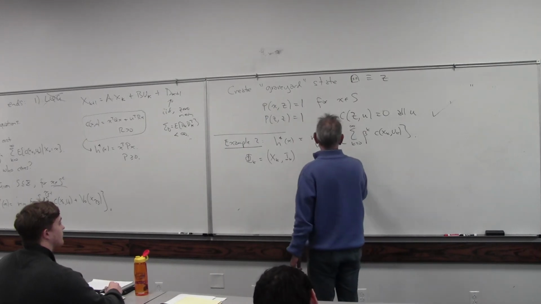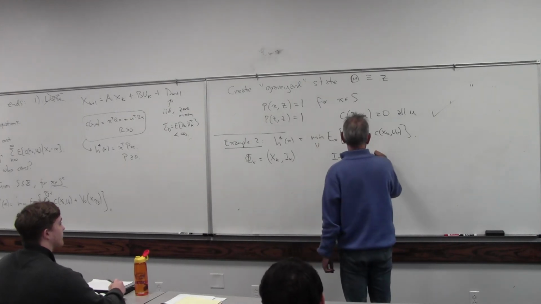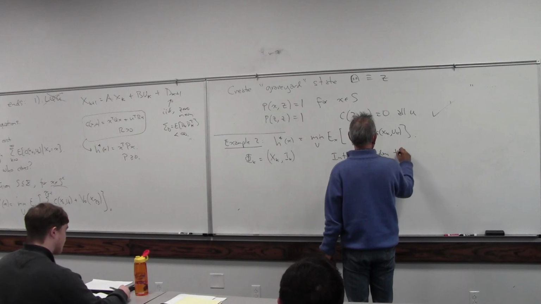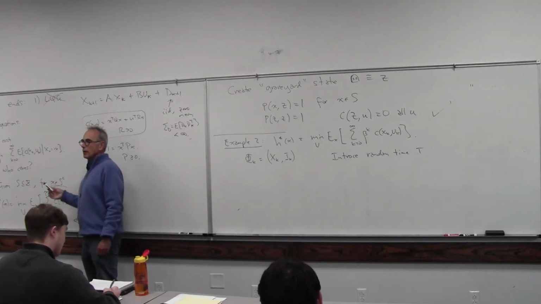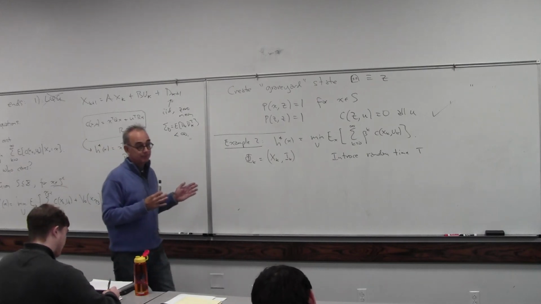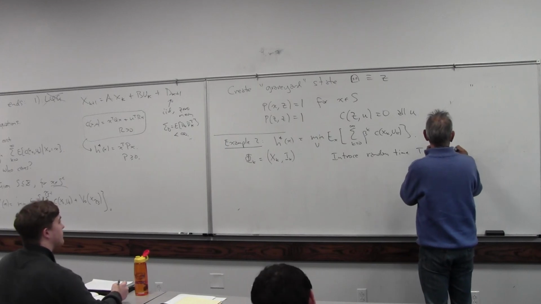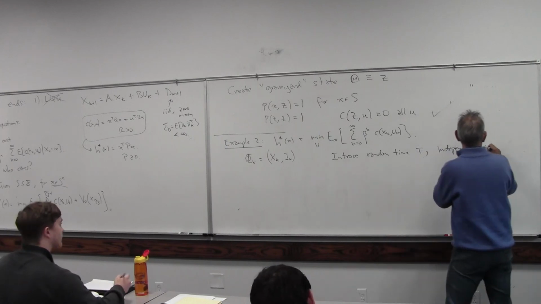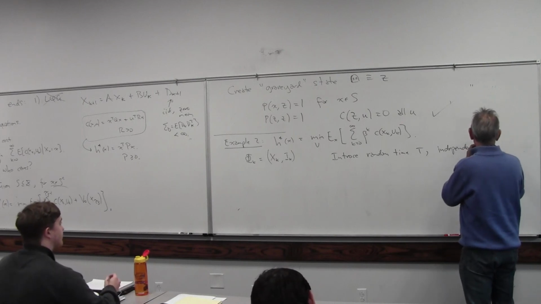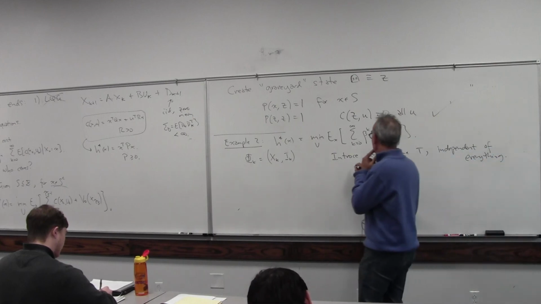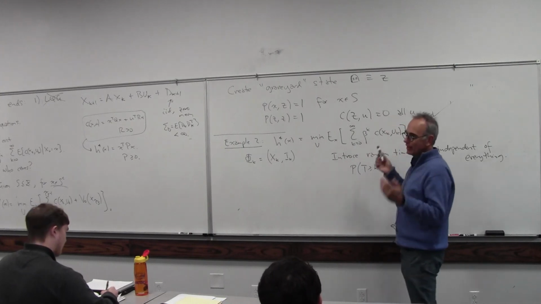So introduce a random time, which is analogous to this thing here. But in this case, it's completely independent of everything. And basically, if I look at the probability that t is greater or equal to k, it's going to be beta to the k.